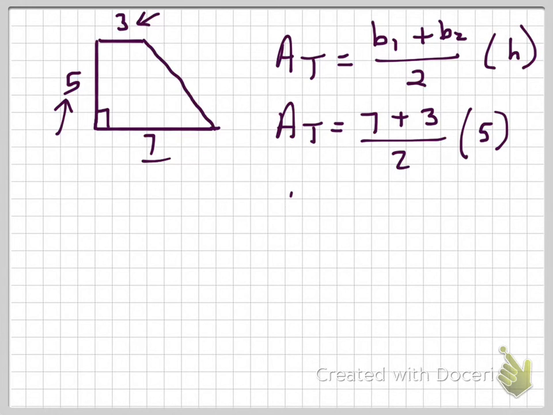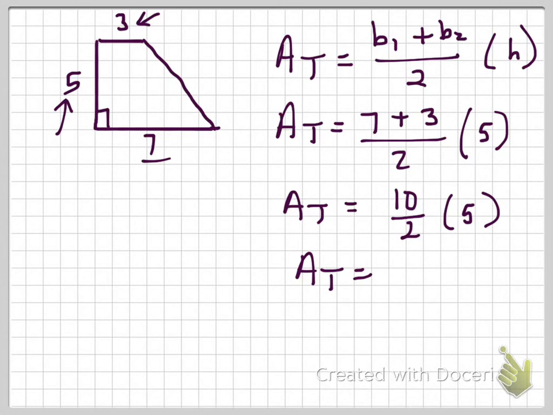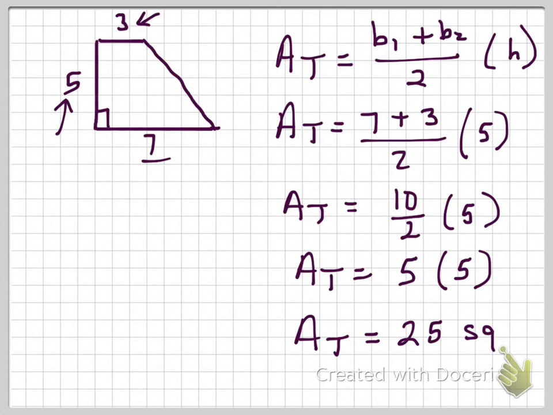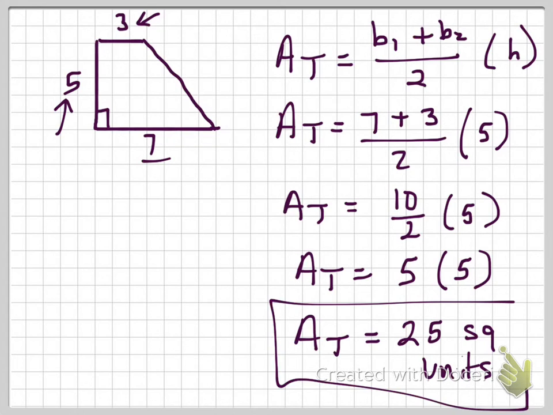Let me begin to combine. 7 plus 3 is 10. 10 divided by 2 is 5. That leaves me with 5 times 5. So my final answer for the area of this trapezoid is 25 square units. There's my final answer.